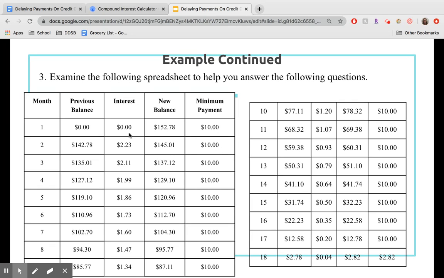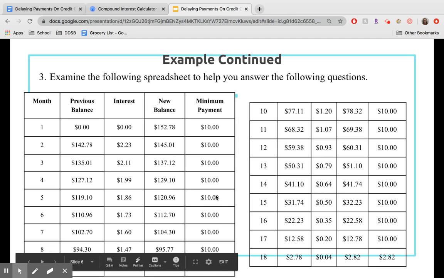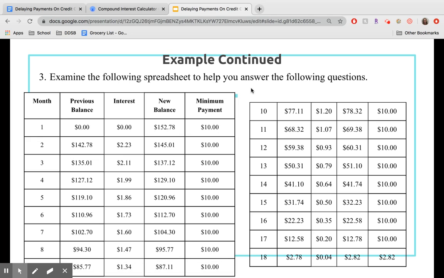The $145 goes down to $135, but then there's interest on top of the $135. The interest is already calculated here, and adding those two together, she now owes $137. She again only pays $10, and it goes down to $127 in the fourth month. She gets calculated interest on top of this amount, which is $1.99. So now she has to pay the interest plus this amount, it's $129. And it keeps going down until she finishes paying the whole balance.